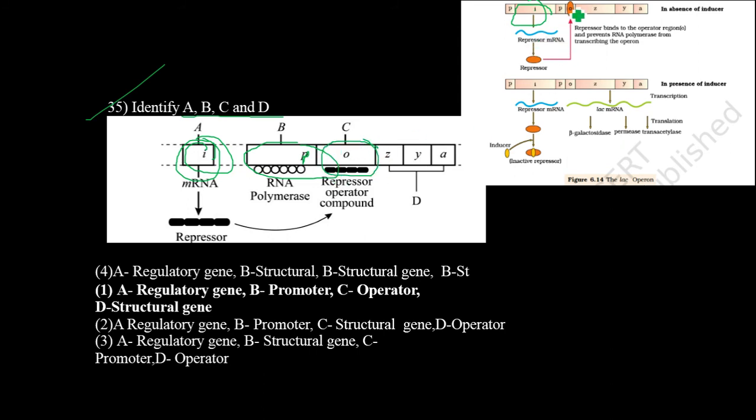See here, this is operator. Next, D means ZYA are structural genes. Hence here A is a regulatory gene, B is a promoter, C is operator, D is the structural genes. Option 1 is correct for question number 35.